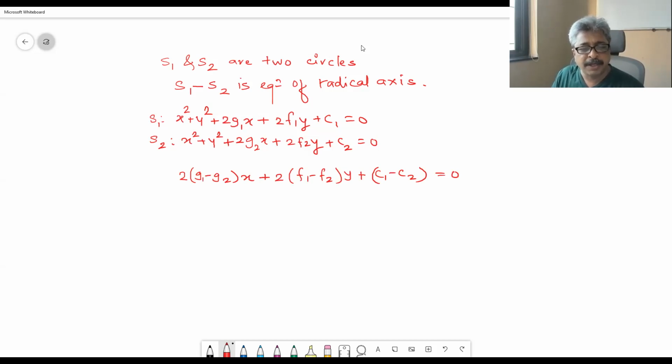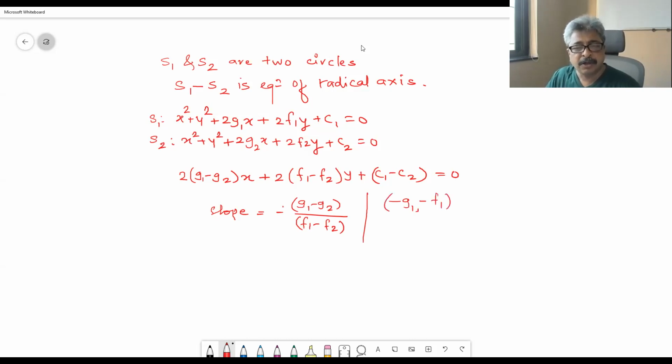Now, slope of this line is minus a by b. So slope is minus (g1 minus g2) upon (f1 minus f2). And if we observe the centers of these two circles, center 1 is (minus g1, minus f1) and center 2 is (minus g2, minus f2).